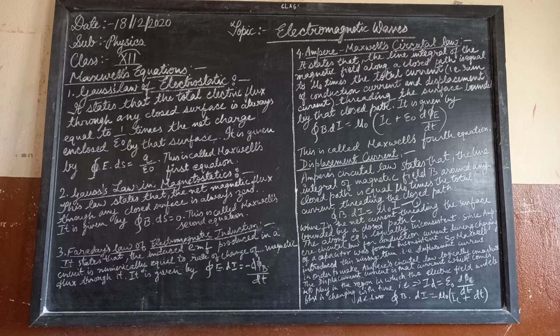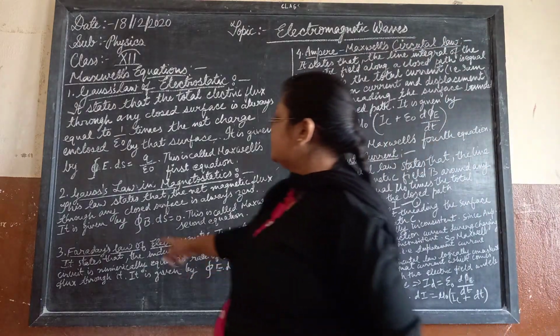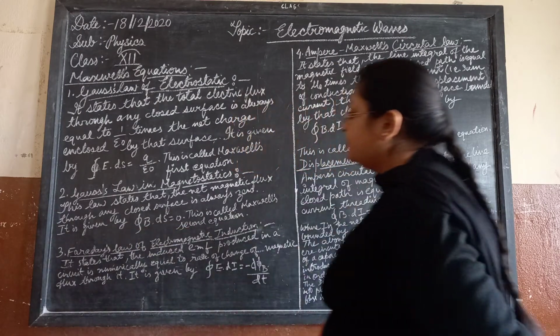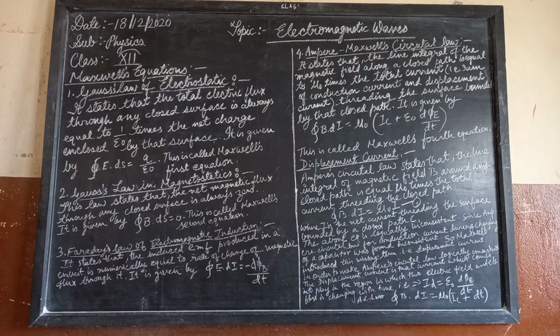Now Gauss's law of magnetostatics. This law states that the net magnetic flux through any closed surface is always 0. It is given by the closed integral of B dot dS equal to 0. This is called Maxwell's second equation. You can also say phi B equals 0.